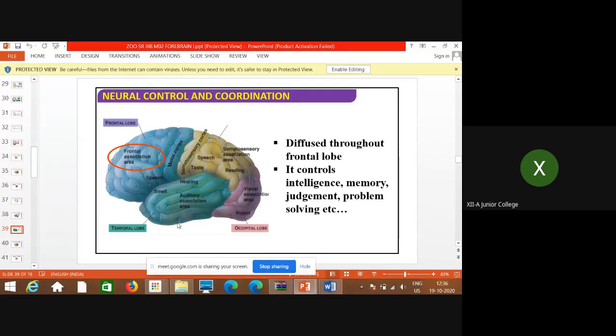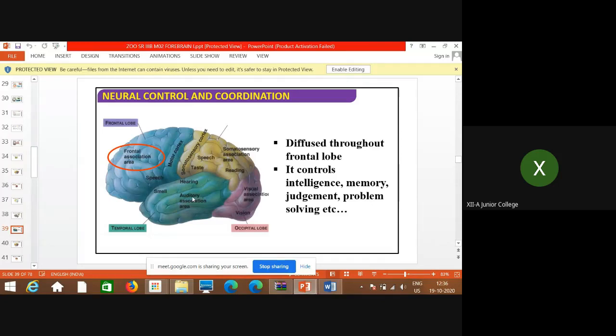Then this is the temporal lobe, where two things are handled: hearing and smell, that is auditory and olfactory. Speech is also there, though it is not shown here, but these are the two main things. This is considered the sensory area for sensing the smell and sensing what is heard.